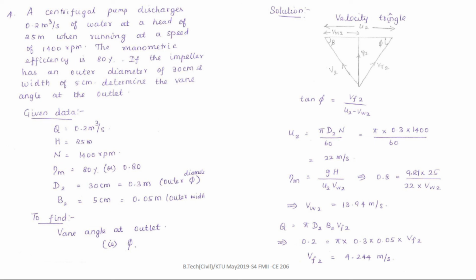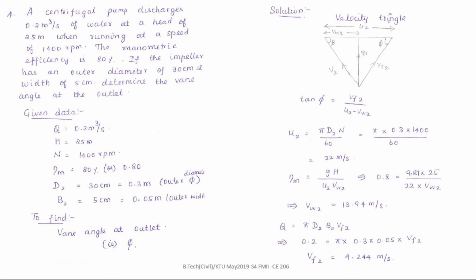The next thing is we have to find VF2. How to find VF2? It is again a velocity. If you know the discharge and area, you can easily find VF2. Q is equal to area into velocity: pi into d2 into b2, since the water is coming through the circumferential area.